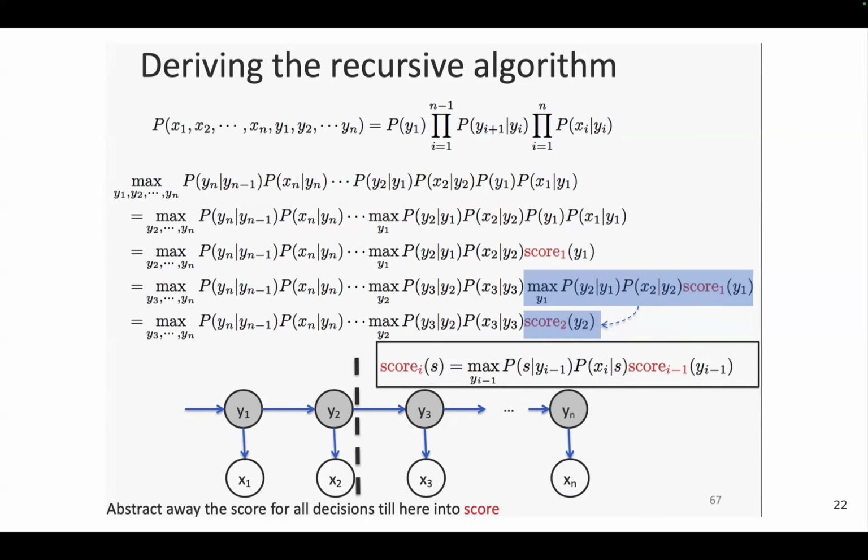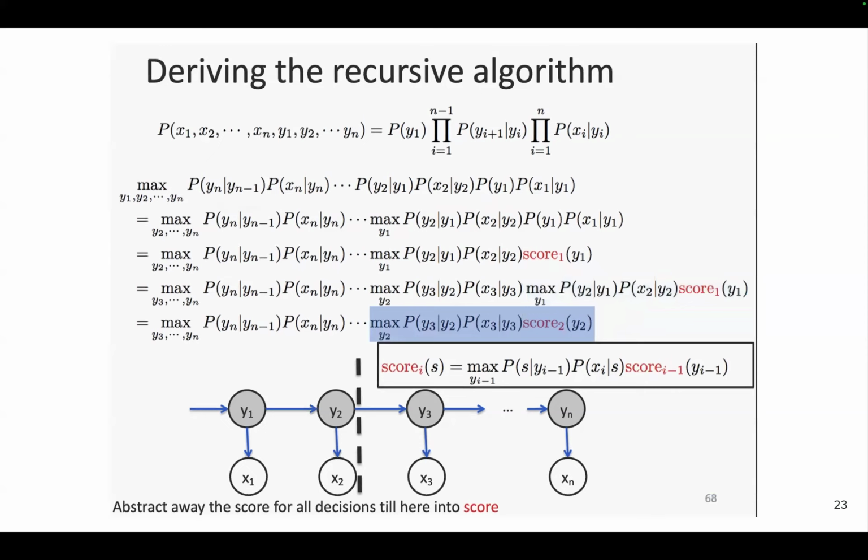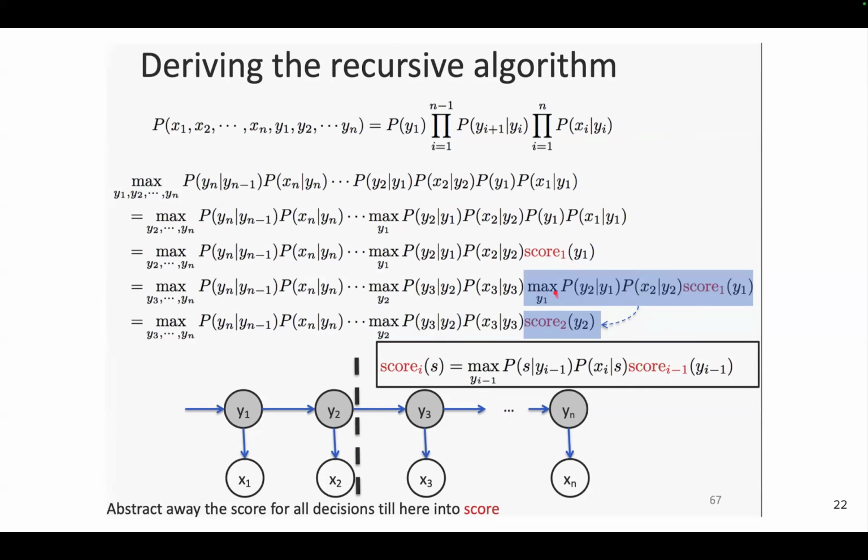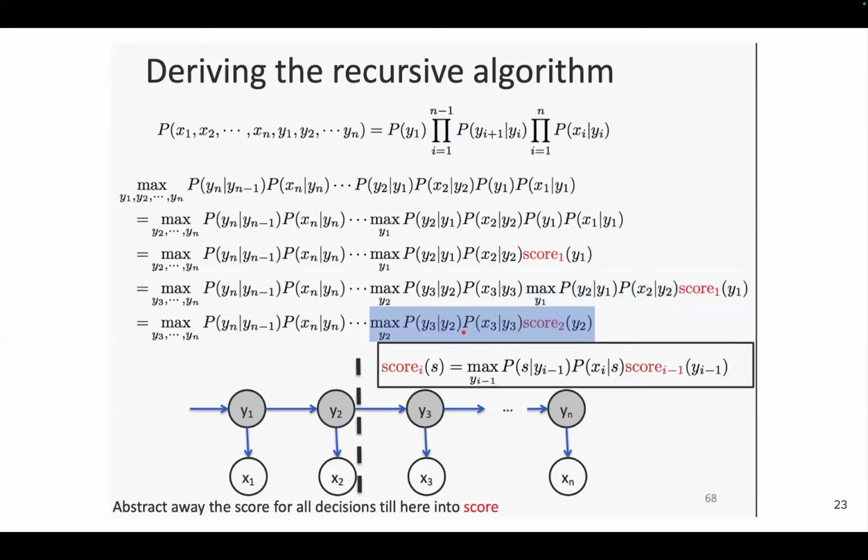So here the visualization just shows you how this becomes recursive. Here we have maximization over y1, and we also have score 1, right? So here you see i minus 1, where i minus 1 is 1. And then here we have maximization over y2.